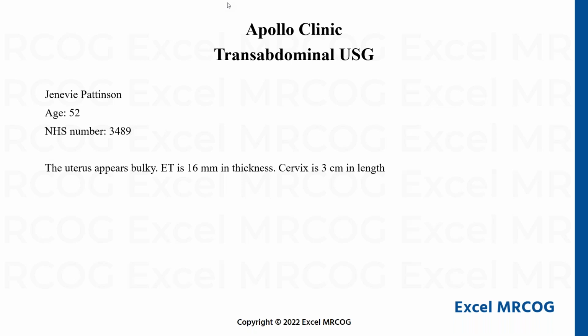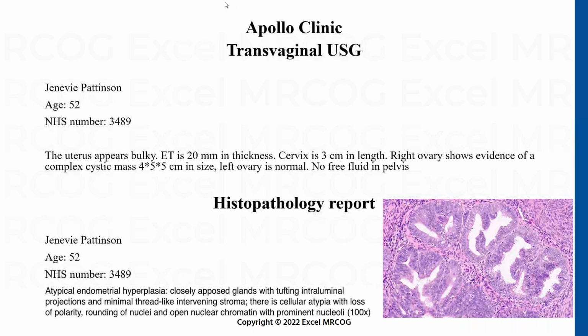All right. So a diagnostic hysteroscopy and a transvaginal scan were done. Here is the report. How will you go about managing her? So she's a patient with atypical endometrial hyperplasia.